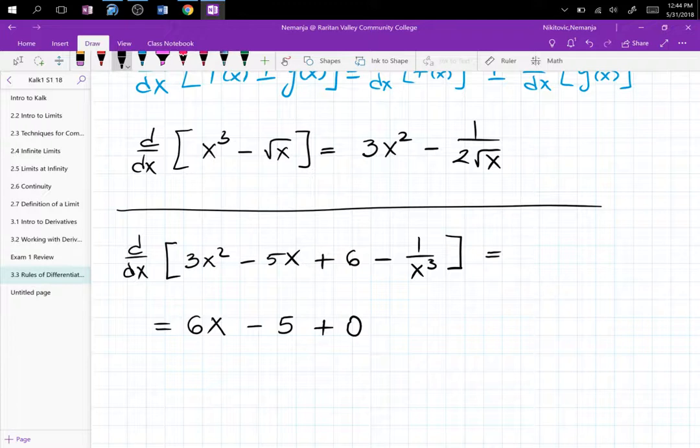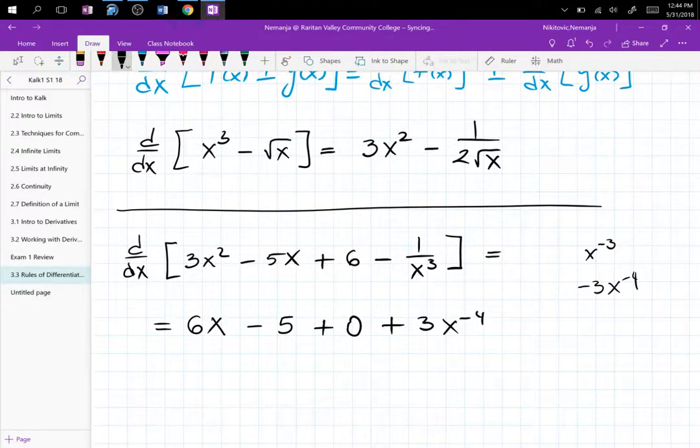And then we have the derivative of this negative 1 over x cubed. Now, if you have the derivative of negative 1 over x cubed, you know that you are supposed to rewrite that as x to the negative 3, right? So negative 3 will drop in front, and there will be x to the negative 4, but there is a negative in the problem, so it's plus 3x to the negative 4.